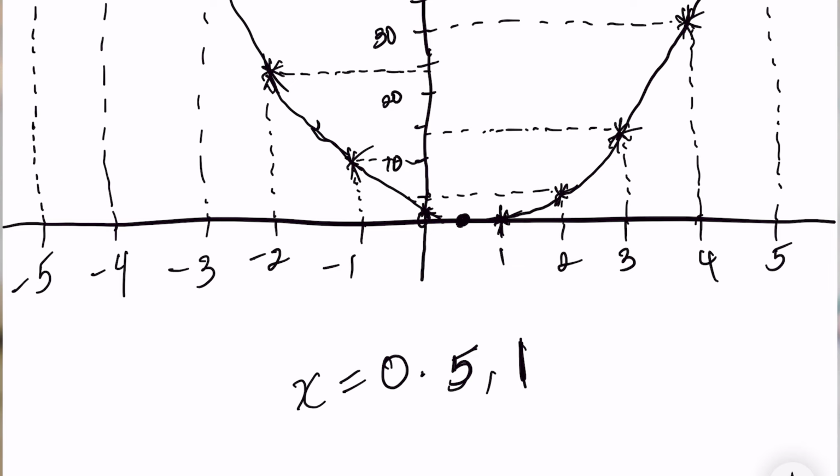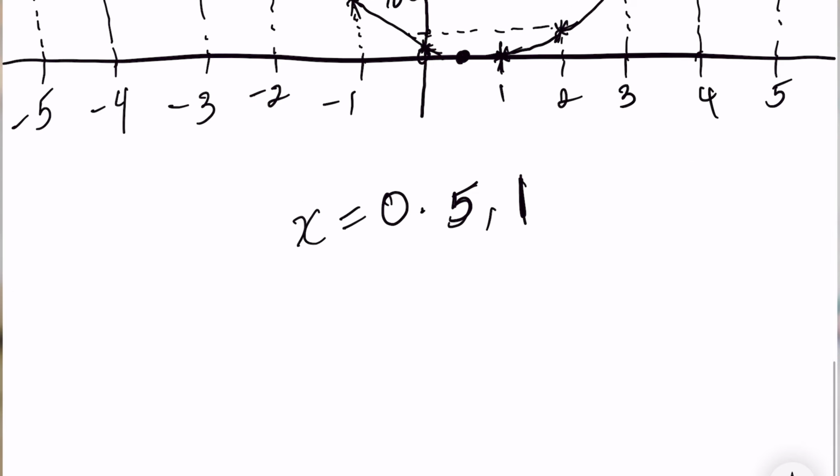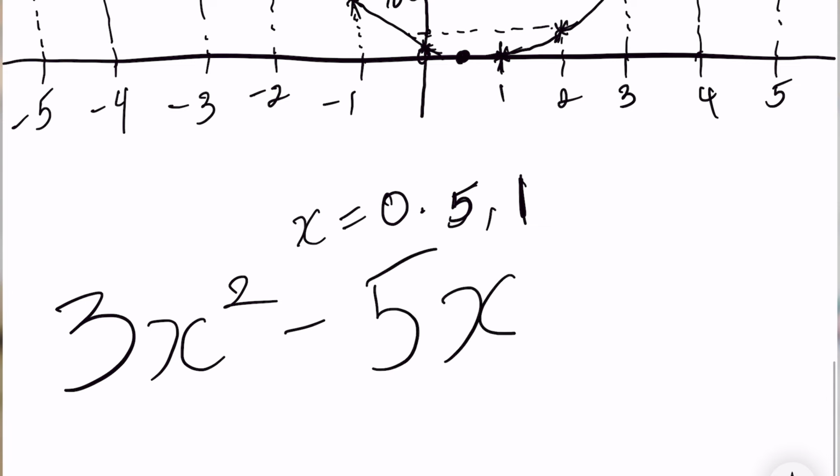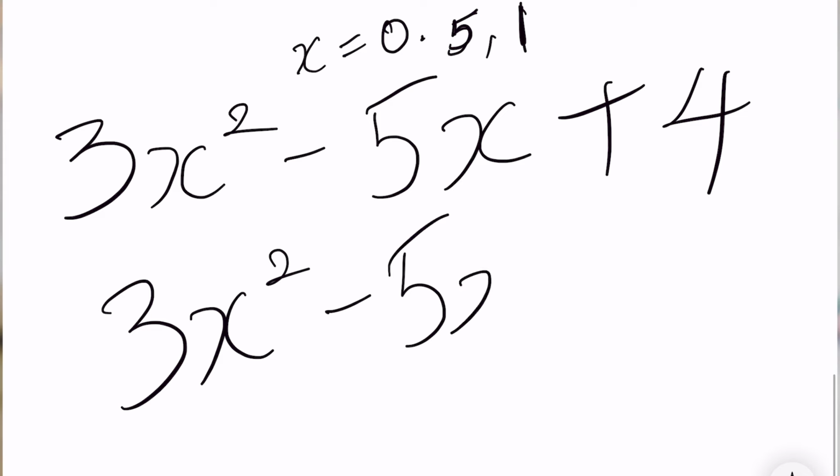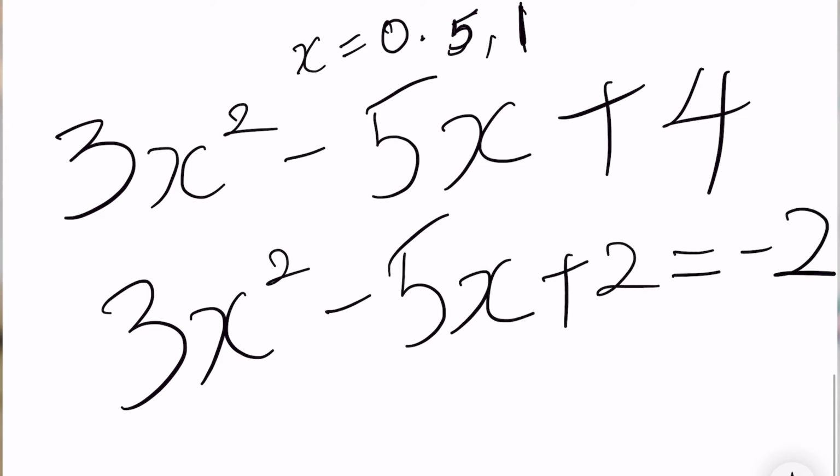Now, for 3x squared minus 5x plus 4, we can also write it as 3x squared minus 5x plus 2 equals minus 2.